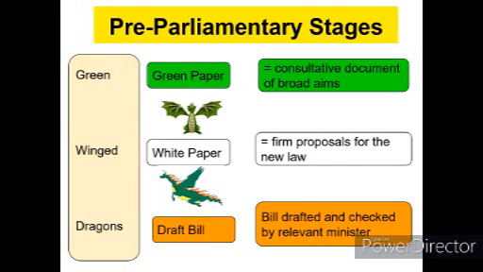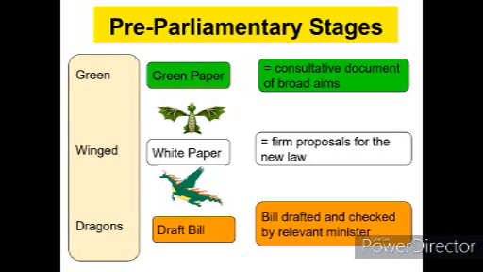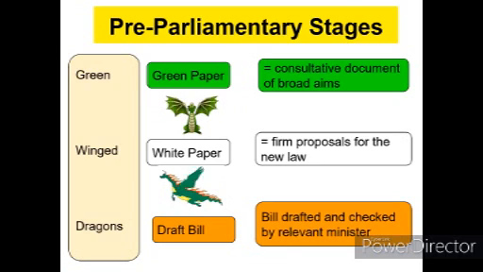It starts as a green paper, which is a consultative document outlining the broad aims of the law proposed. What follows is a white paper, which is firm proposals for the new law, that statement of intent.